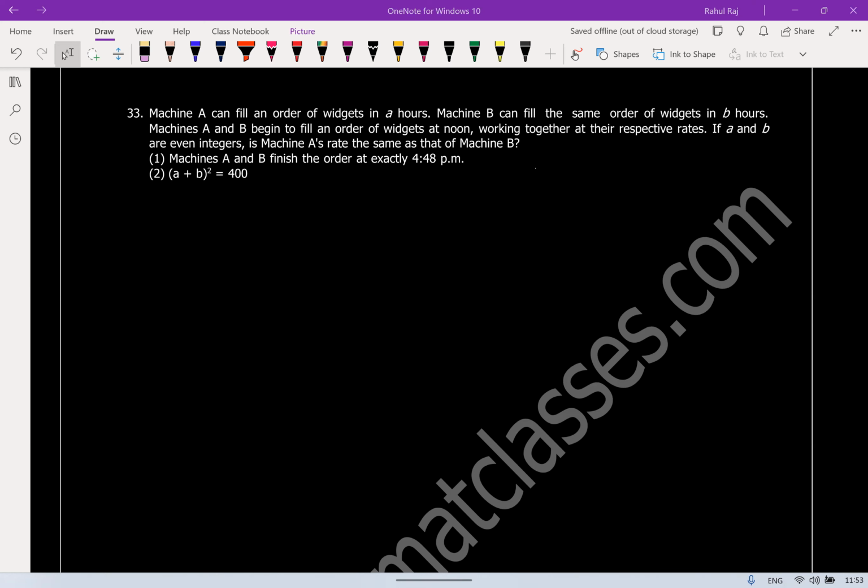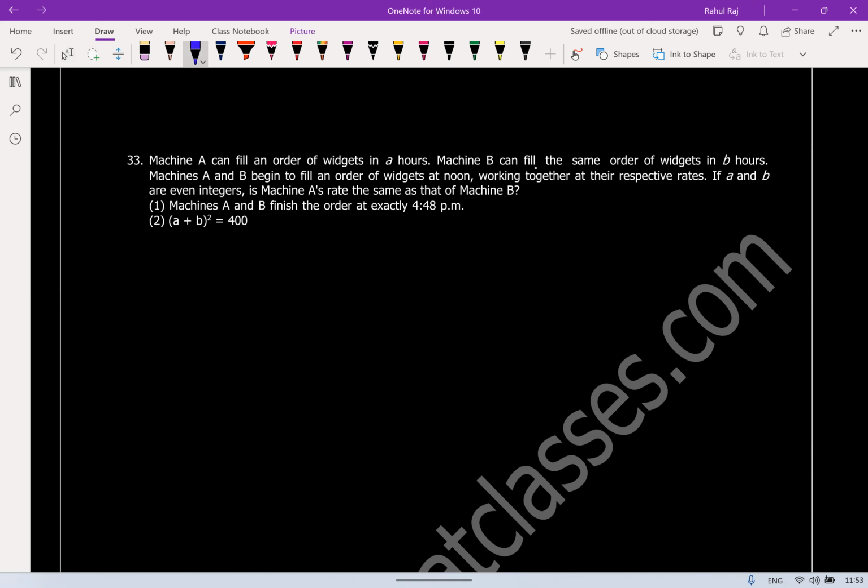So it says that machine A can do a piece of work in A hours. So the unit amount of work done by A is 1 by A. Machine B can do a piece of work in B hours, so the unit amount of work done by B will be 1 by B. Machines A and B start to work at noon, meaning 12 o'clock, working together at their respective rates.